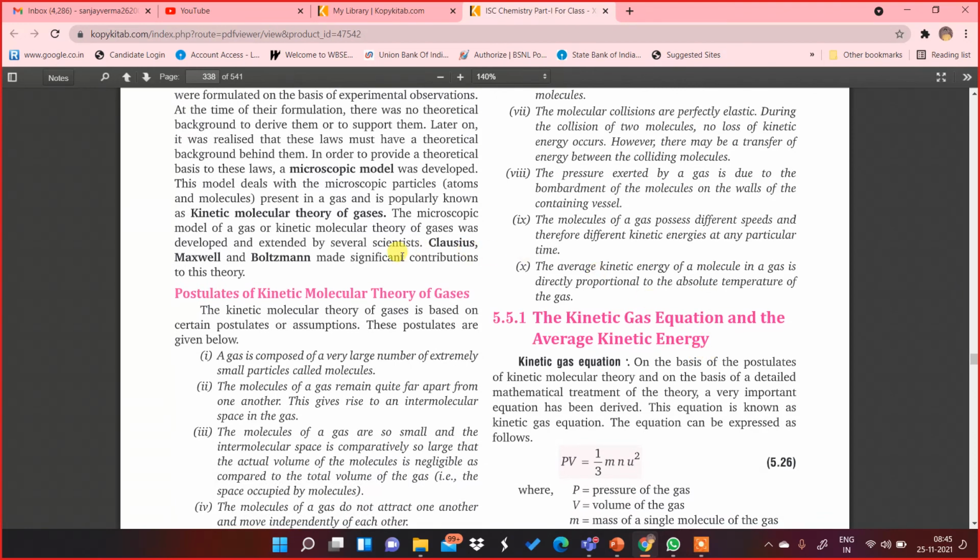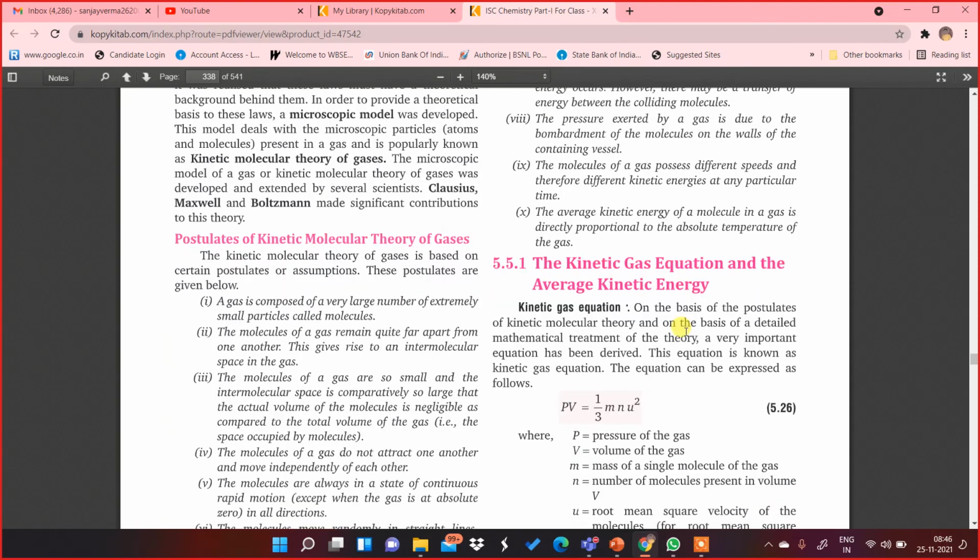So these are some postulates which were given by Boltzmann and Maxwell, and it was called the kinetic molecular theory of gases, or the microscopic model. Now, after this, there is one very important equation, which is called the kinetic gas equation and its relationship with the average kinetic energy.